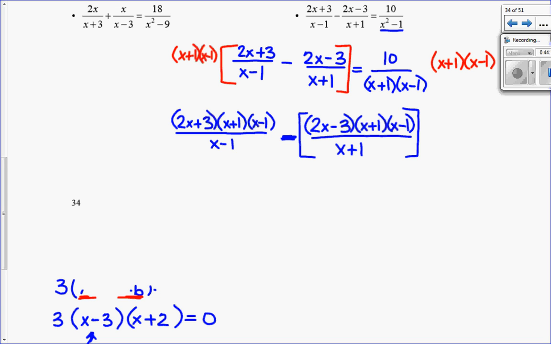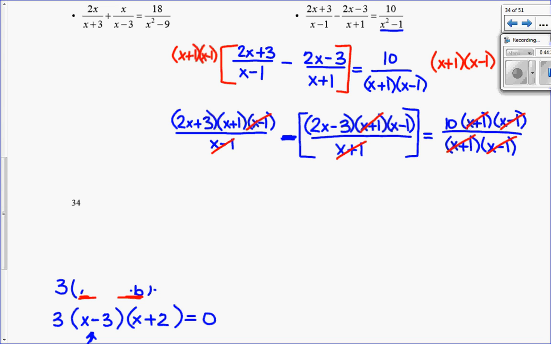Okay, and that's going to equal 10 times x plus 1 and x minus 1 all over x plus 1 times x minus 1. Okay. This is Baker's favorite part. Do your canceling so you can get rid of those pesky denominators and be left just with your numerators.